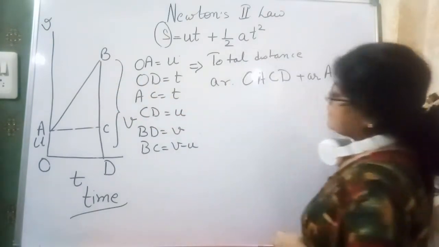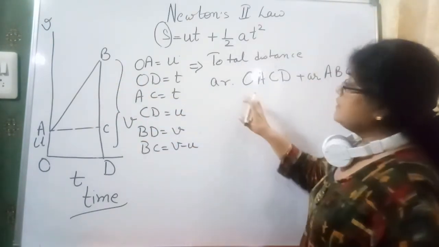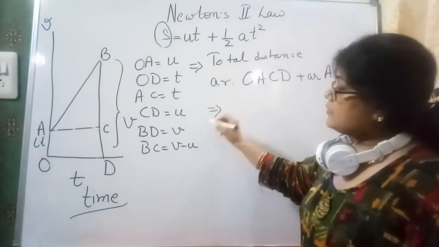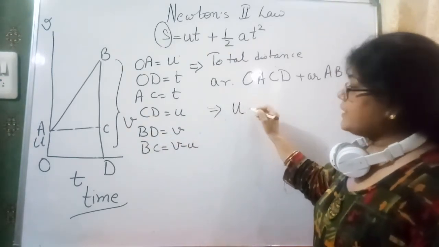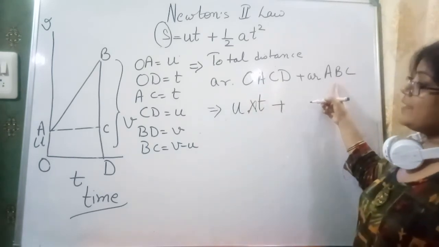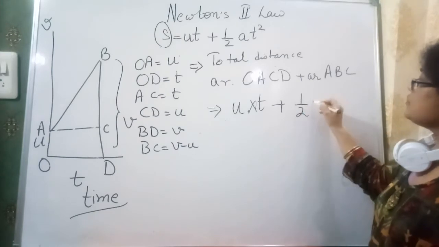ABC is the triangle, OACD is the rectangle. Now area of rectangle is length into breadth. So here length is u and breadth is t. Clear? Area of triangle is half base into height.